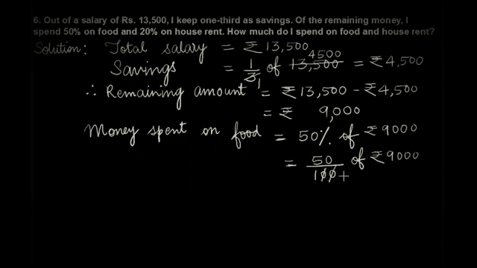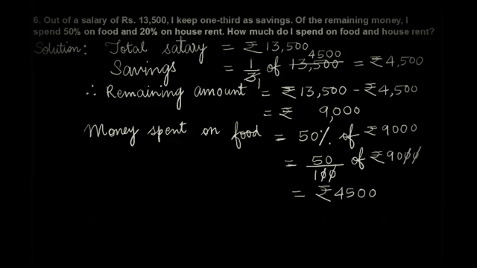So zeros can be cancelled. Then we have 9 into 5 is 45, and a 0 and 0 from here, 00. So that gives us rupees 4,500. That is the money spent on food is rupees 4,500.